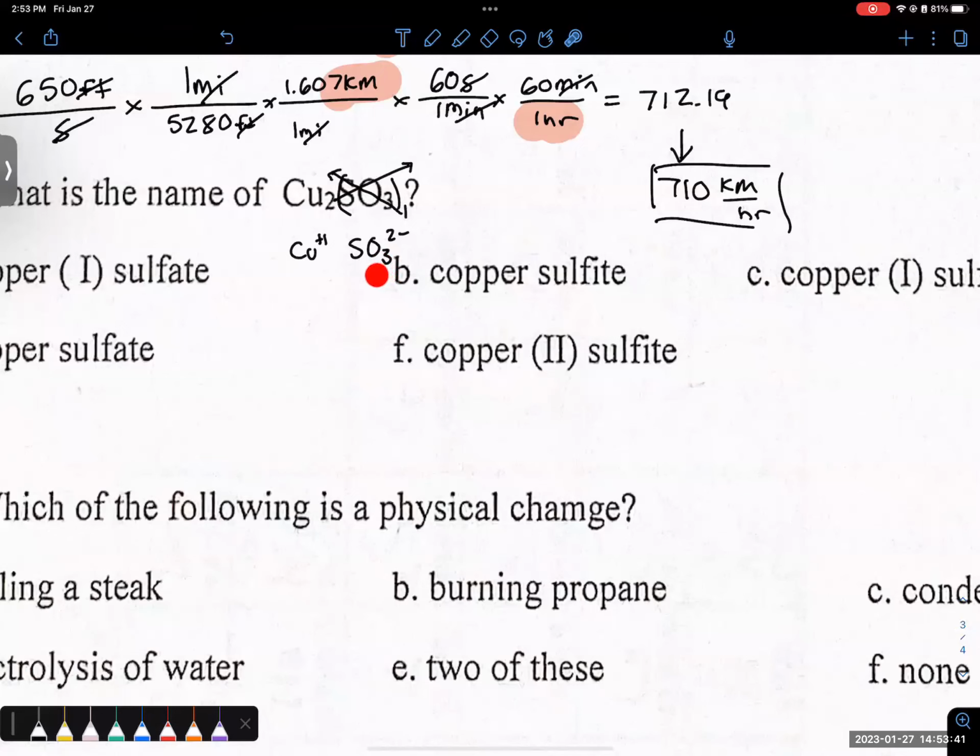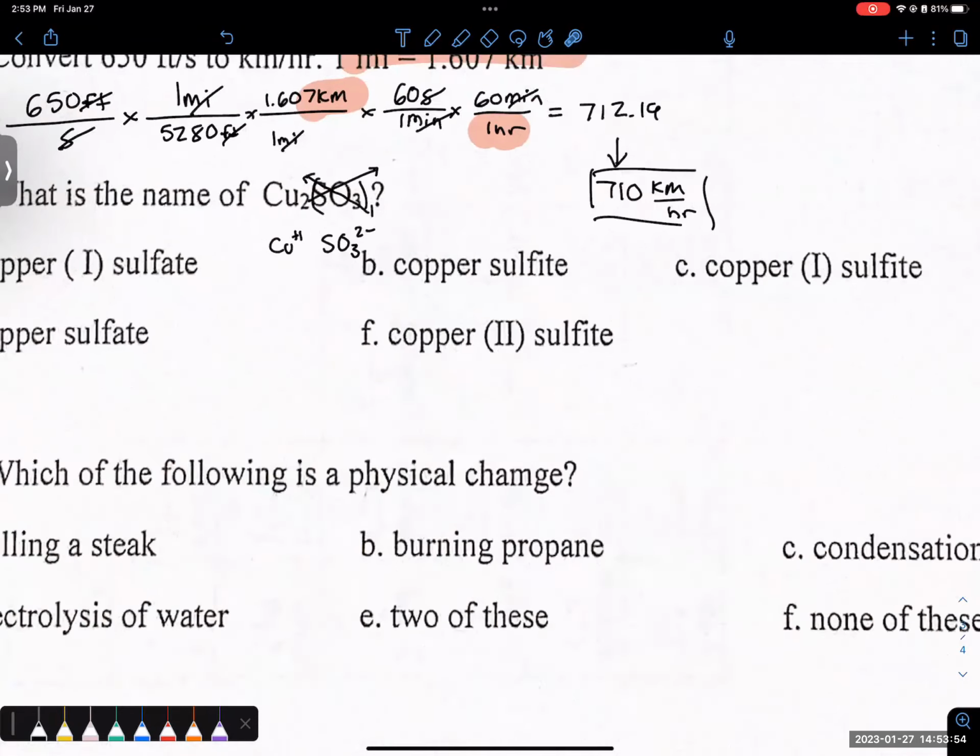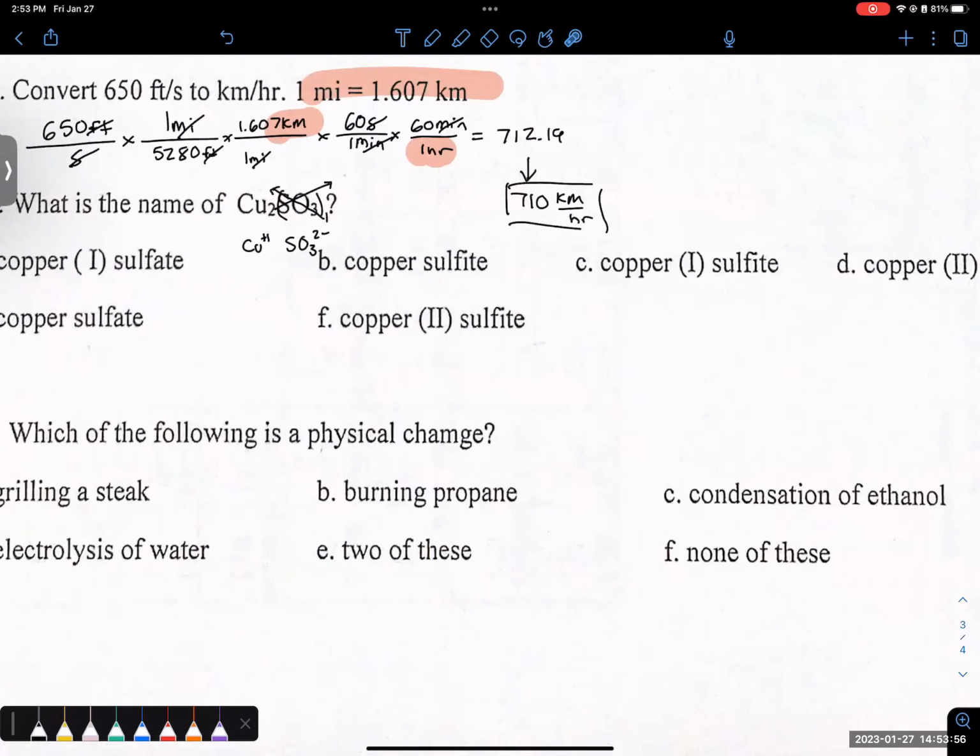That's just memorization. What is it? If you have the right answer, please feel free to say it. Sulfite, right? Again, that's just memorization. If that's what you're struggling with, just do some flashcards.